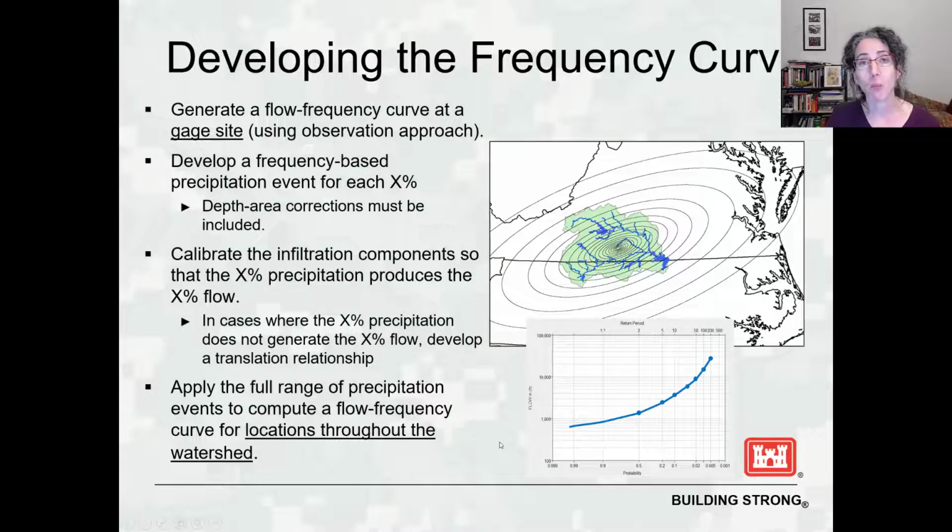Then for our watershed, which has at least maybe been calibrated for some local events, we apply that precipitation to the watershed and compute flow at all the points that we need, and have computed a flow that goes with each of those exceedance probabilities. In that case, we're assuming that an X% exceedance flow is produced by the X% exceedance precipitation. So the 1% precip gives the 1% flow.